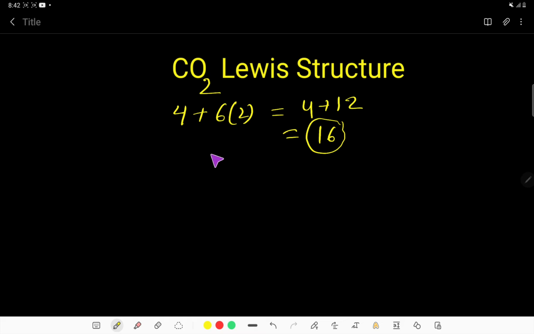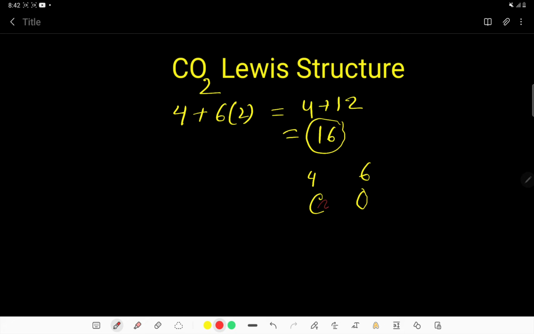So look, there are many ways to draw the CO2 Lewis structure, but here I am going to give you the best way to draw the Lewis structure of CO2. Carbon has 4 valence electrons and oxygen has 6 valence electrons, right?